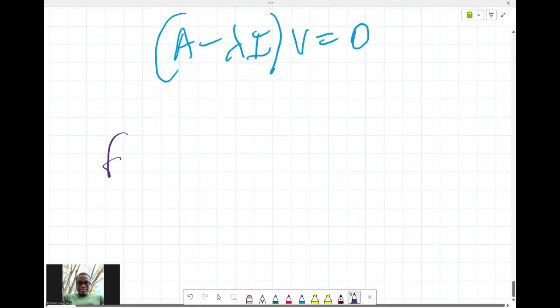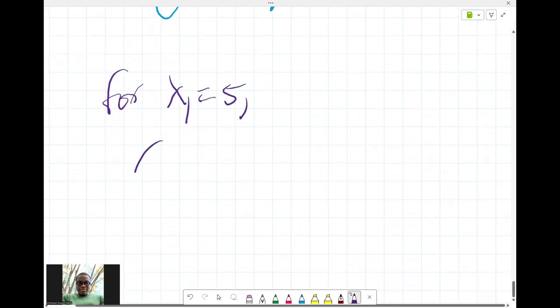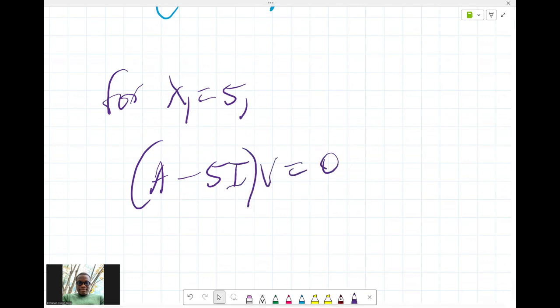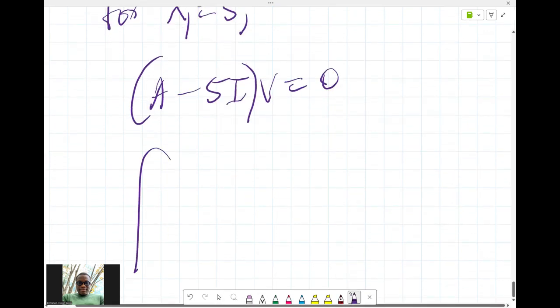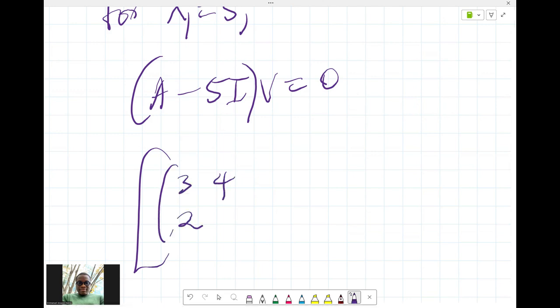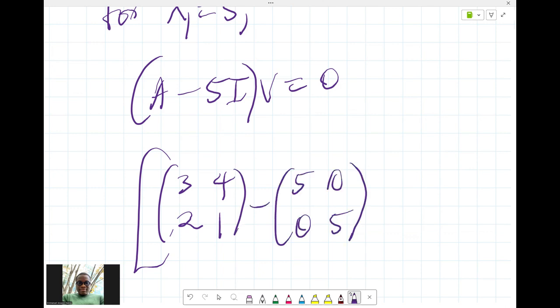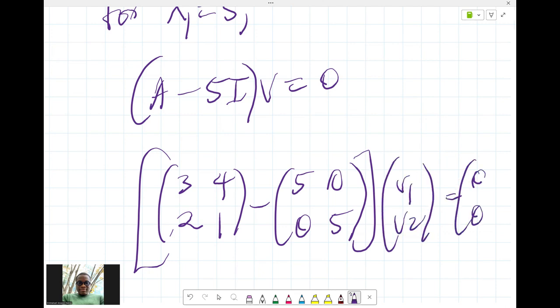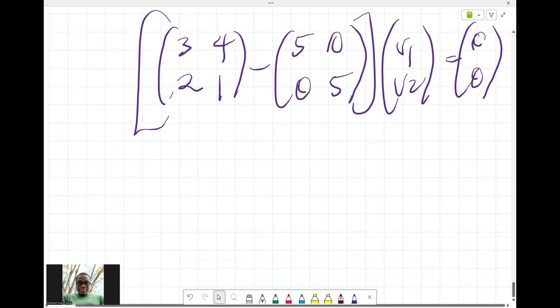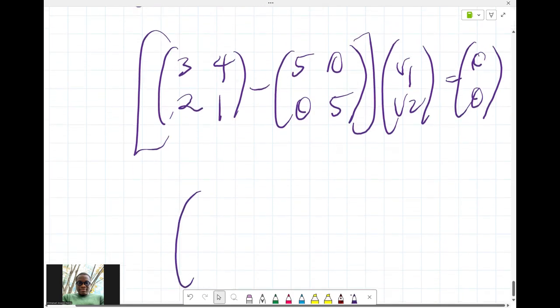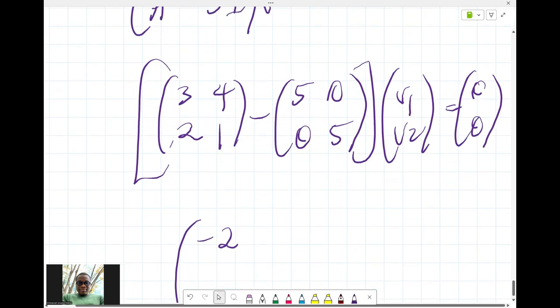For lambda 1, which is equal to 5, we have (A minus 5I) v equals 0. So A is 3, 4, 2, 1, minus 5, 0, 0, 5. Then we have v1, v2, that's the v we are looking for, and all of that is equal to 0, 0.